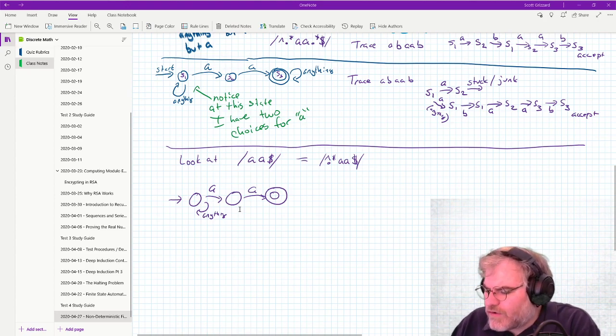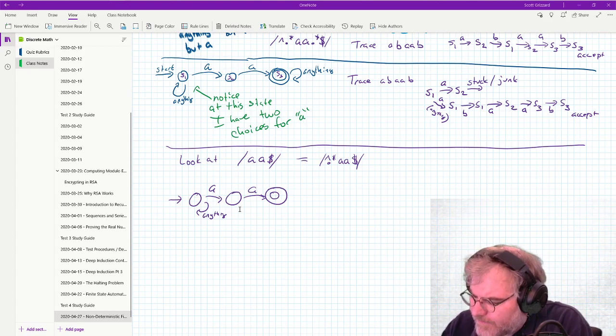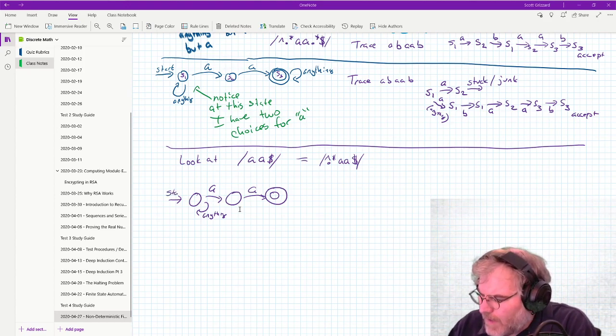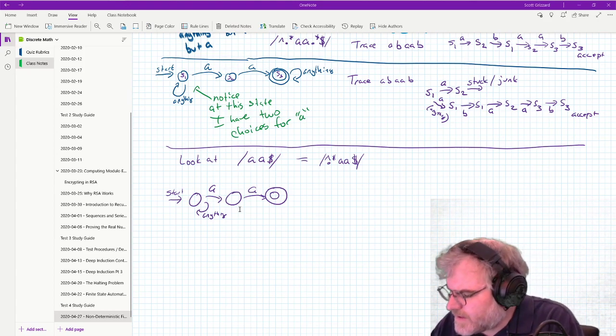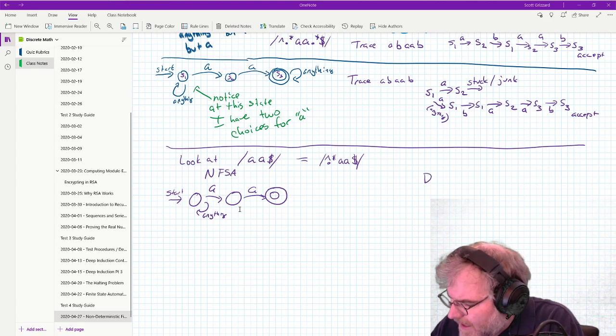If I wanted to do this with a deterministic FSA, I would have to do something similar, but I'd have to have one of these here.